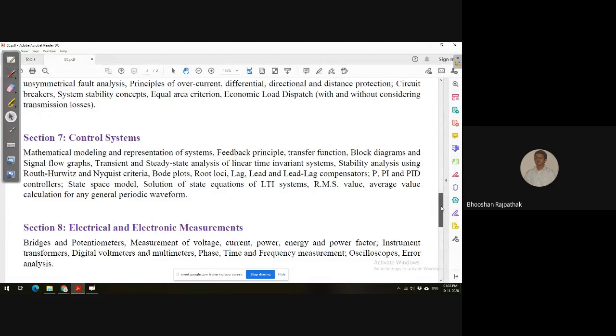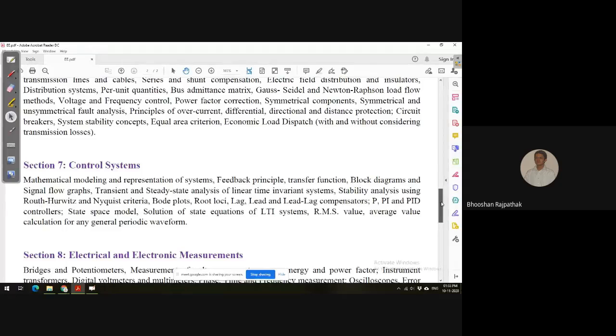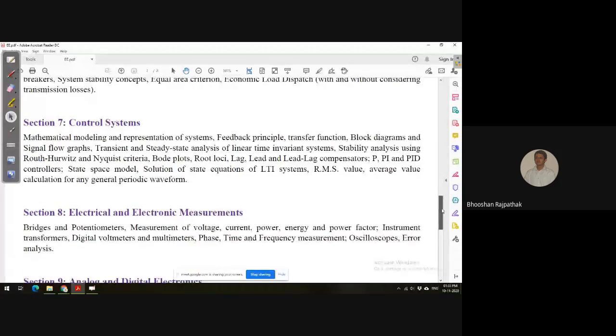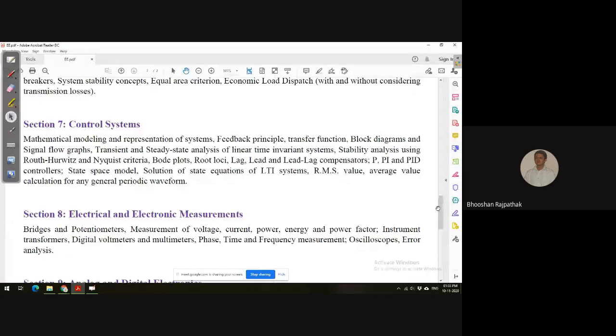There are quite a few changes as far as electrical engineering is concerned, especially in machines, electronics and power systems. But as far as control system is concerned, the syllabus is more or less the same.